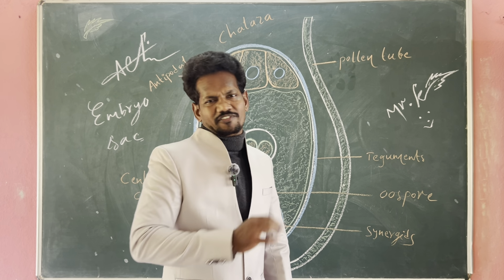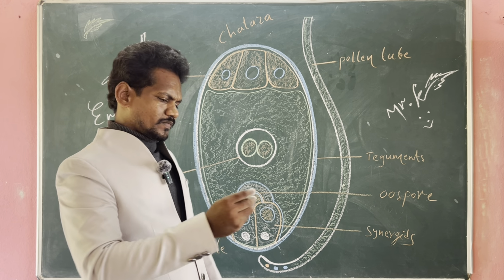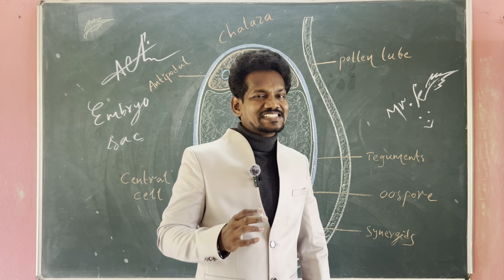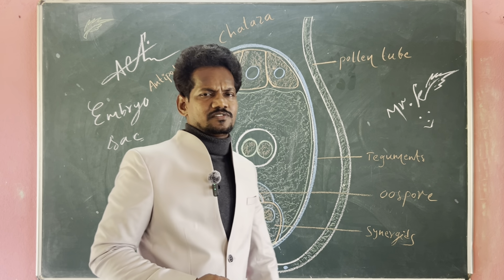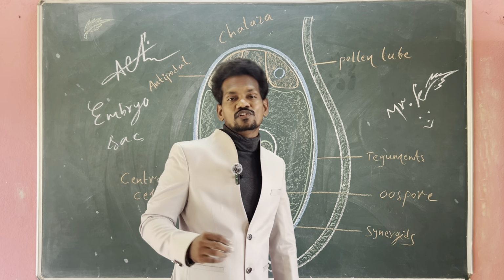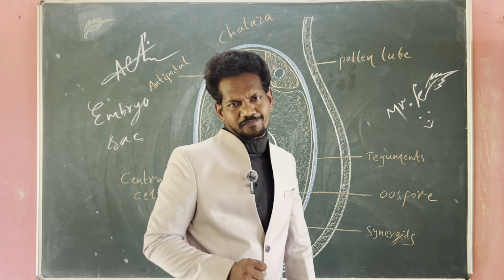The different types of placentation are axial, parietal, free central, basal, and marginal. These are the types of placentation based on the arrangement of ovules on the placenta.